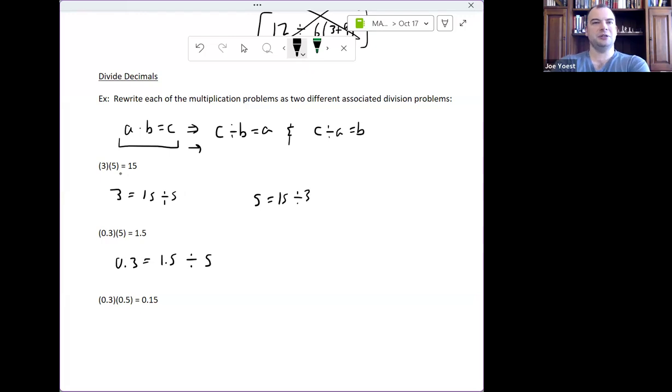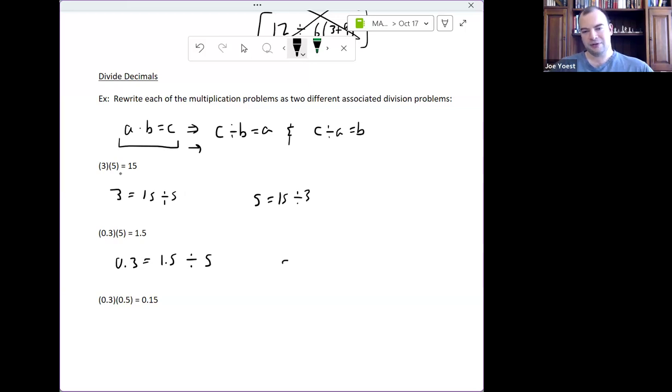Sometimes it's helpful to think of decimals in terms of currency. If I have $1.50 and I want to split that evenly between, say, 5 kids for Christmas, they're probably not going to be very thrilled with not getting very much money. But if I split $1.50 between 5 kids, they can each get 30 cents, $0.30.